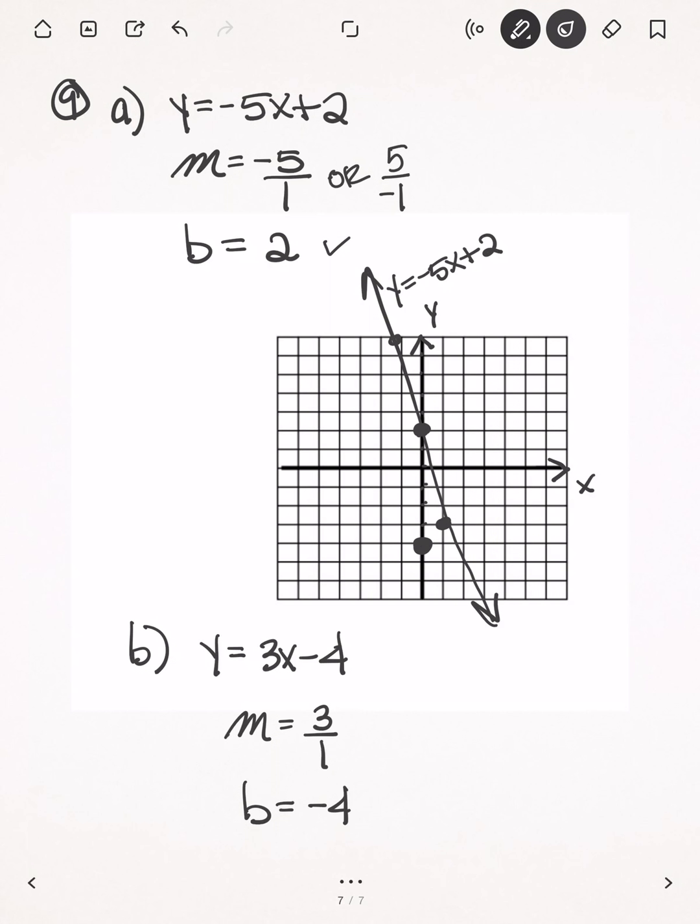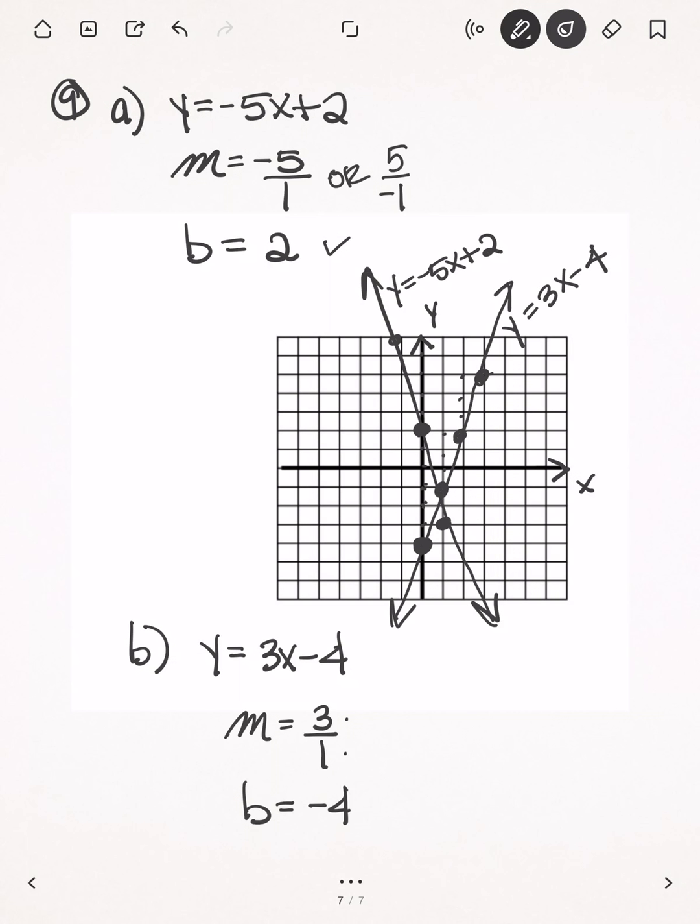And from that point, I'm going to use my slope, rise 3, run to the right 1. So up 3 over 1, up 3 over 1, up 3 over 1. And draw your line. So I label that y equals 3x minus 4. And there we have the two lines drawn on the same graph.